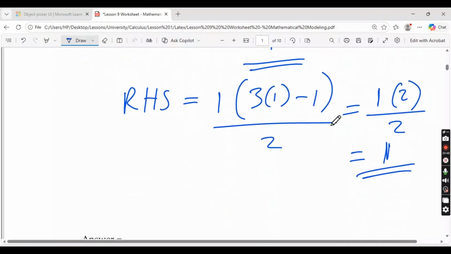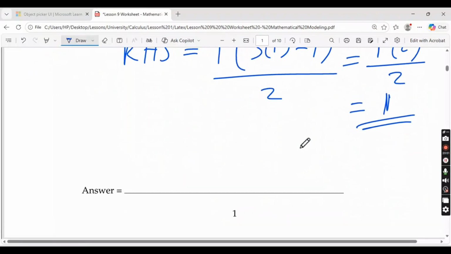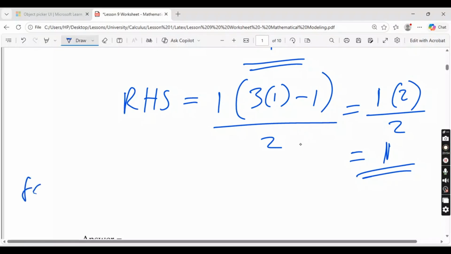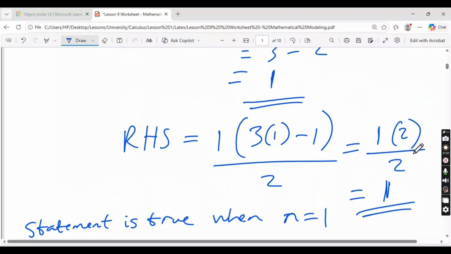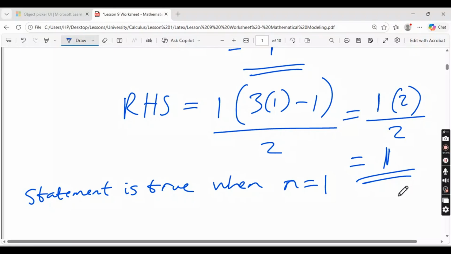Since they are equal to each other, you write the statement is true when n is equal to 1. Since you have proven the left-hand side is equal to the right-hand side, cool.